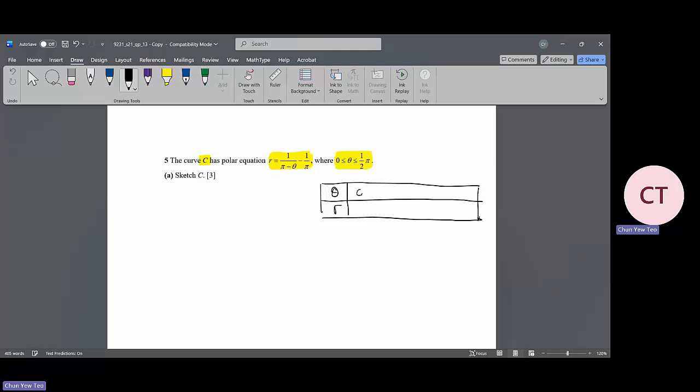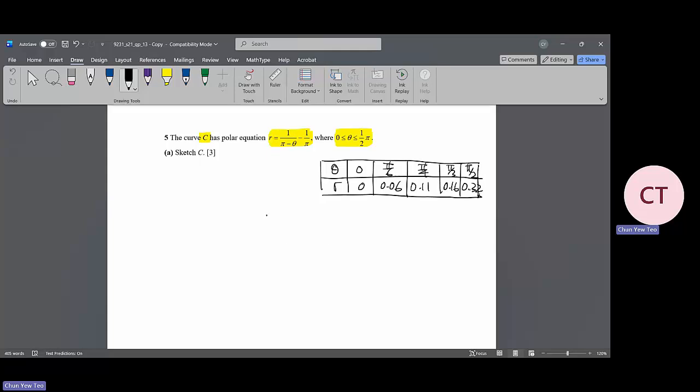So we start from 0, then pi over 6, pi over 4, pi over 3, and then pi over 2. If you use a calculator, you just press maybe 1 or 2 decimal places, as long as it's enough for us to roughly estimate the locations, that will do. So this one, it will be the value that I have calculated earlier.